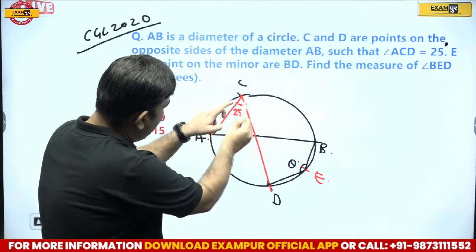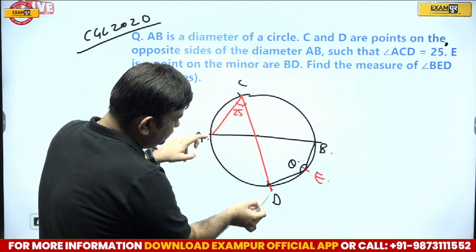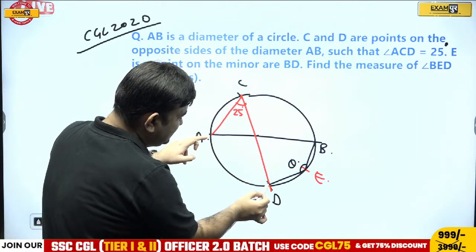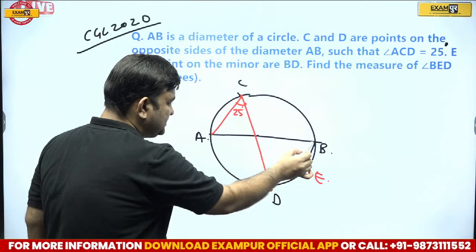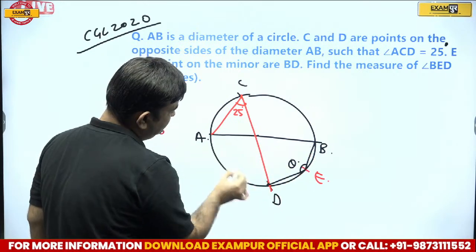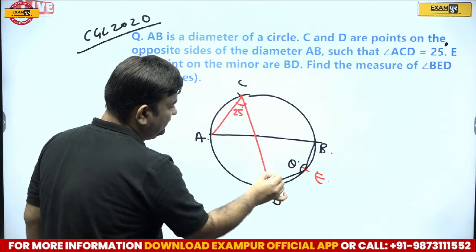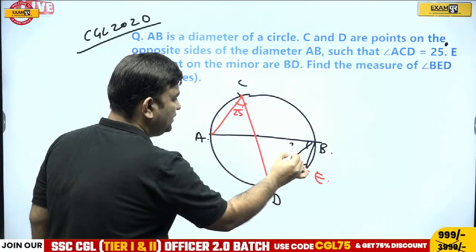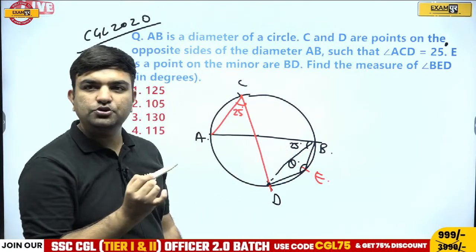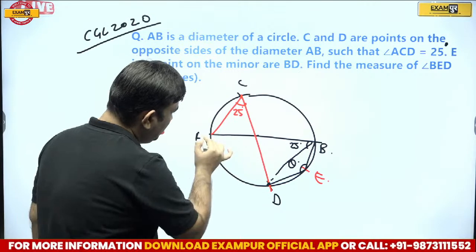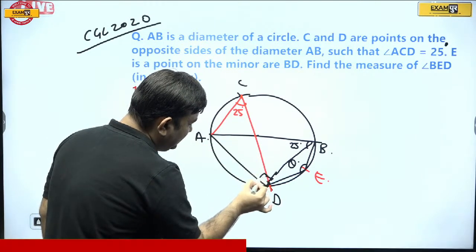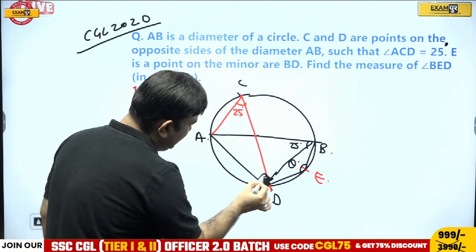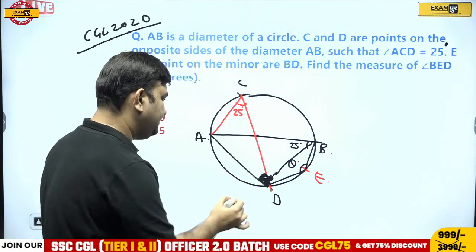Arc AD subtends 25 here, so it will subtend 25 here as well. Now the diameter subtends 90 degrees at the circumference.